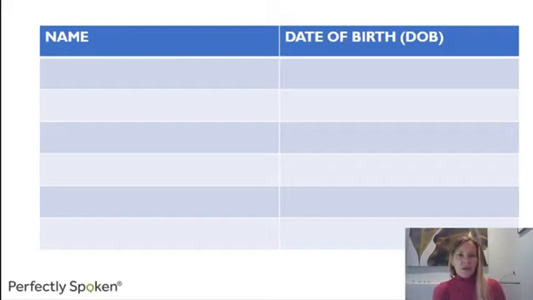For example, if I say the 10th of December 1949, you write 10, 12, 49. In the answers, I've used the European British date format, not the American date format. In the European date format, we first say the day and then the month, so the 10th of December, for example.